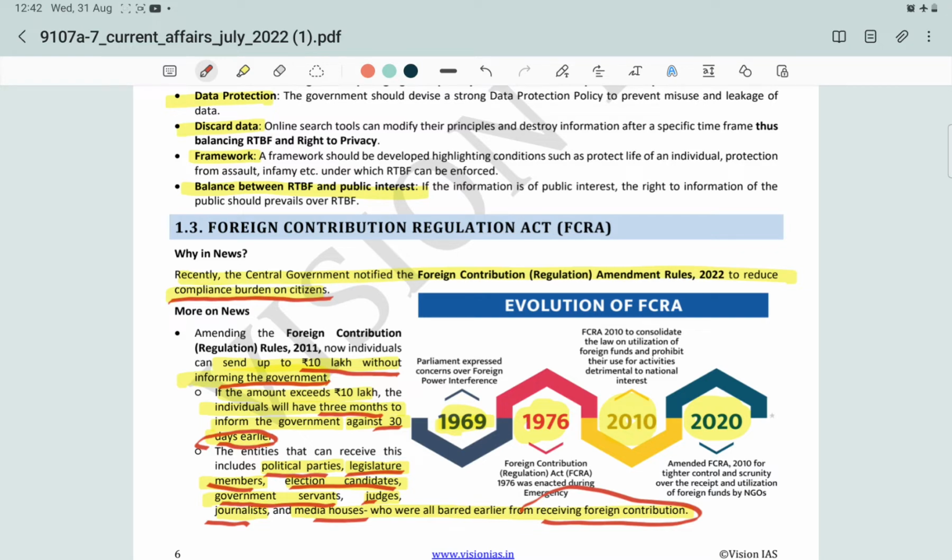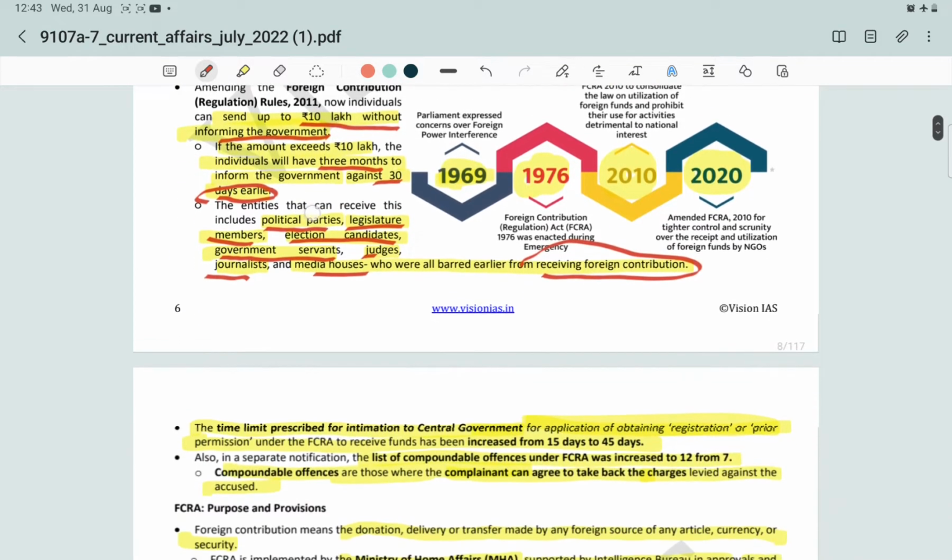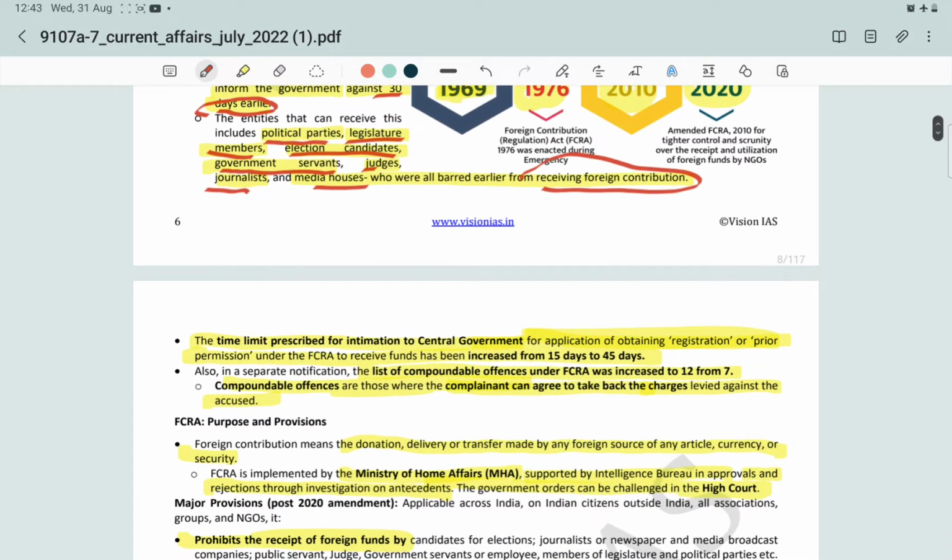In 2010, it was amended to consolidate the law on utilization of foreign funds and prohibit their use for activities detrimental to the national interest. And in 2020, the FCRA 2010 was amended again for tighter control and scrutiny over the receipt and utilization of foreign funds by NGOs.